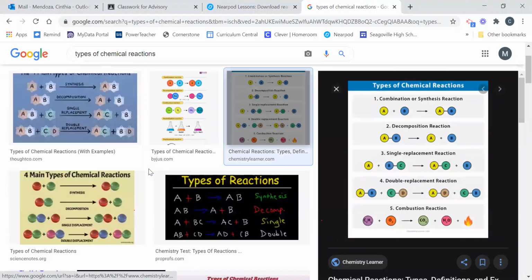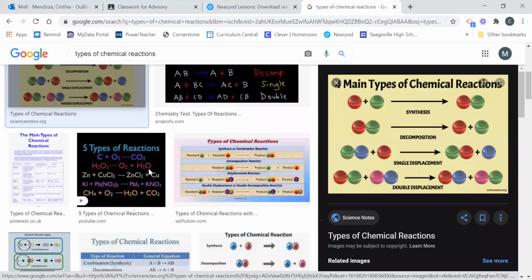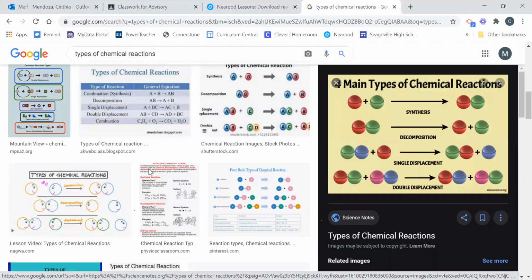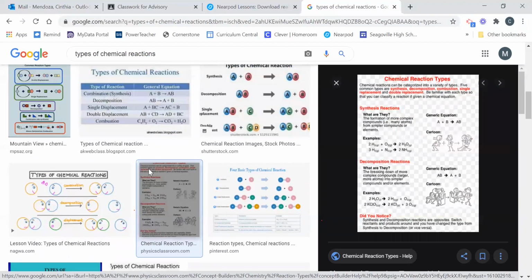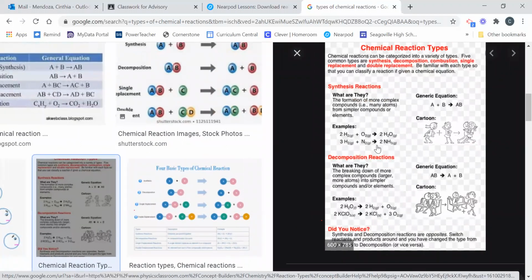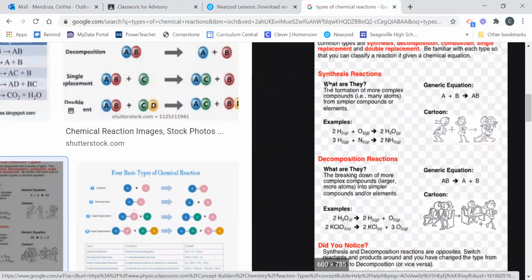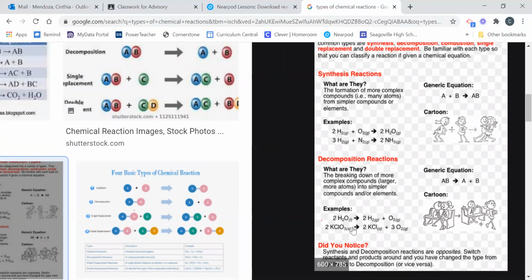Okay, so these are pictures of the different types of chemical reactions. If we give you a type of reaction, I want you guys to be able to tell me what are the different things about it. So for example, notice the difference between synthesis and decomposition.